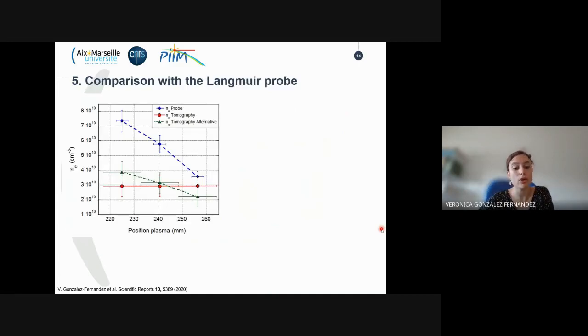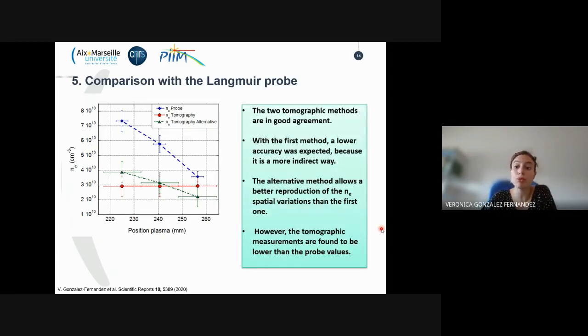So we compare again our values with the Langmuir probe, and we found several key points. For example, the two tomographic methods are in very good agreement. It's true that this first method is quite indirect, so we can expect a lower accuracy. But on the other hand, the alternative method can provide better values, especially in the center, if we want to appreciate the decreasing trend of the electronic density.